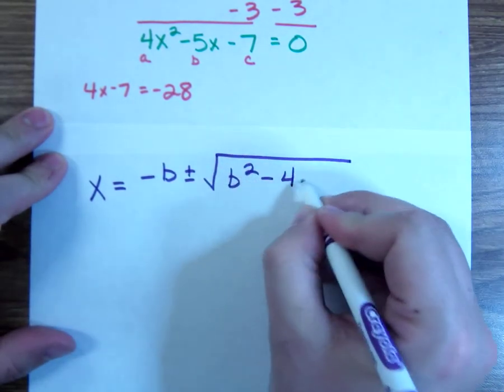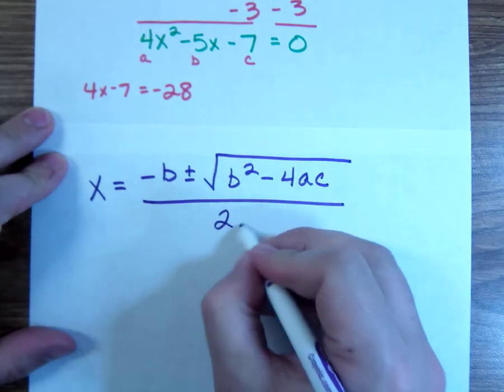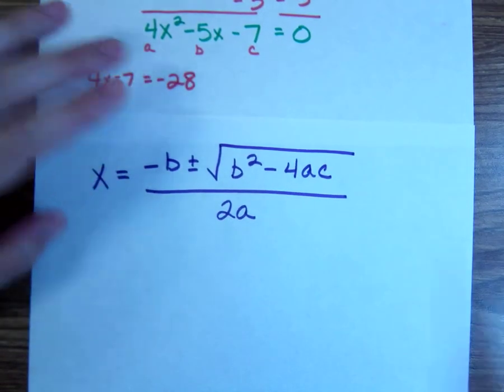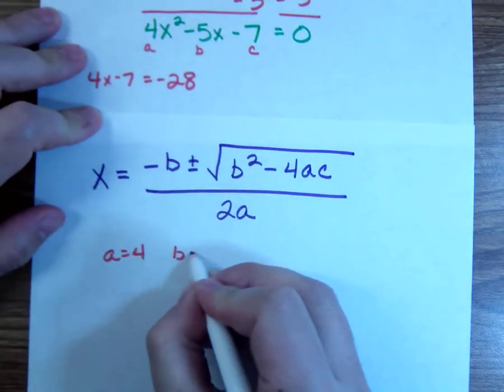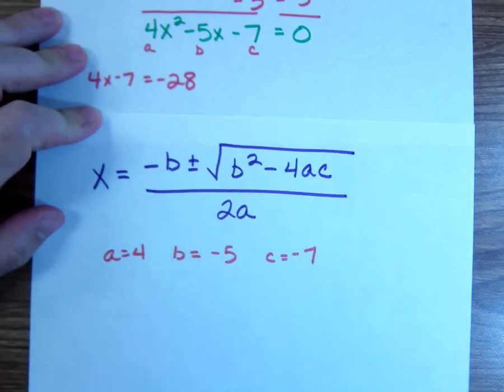What is going on? Quadratic formula, son. So we just figured out in the last section that A is 4, B is negative 5, and C is negative 7. And so let's just plug them in.